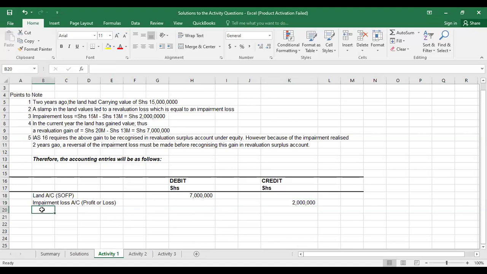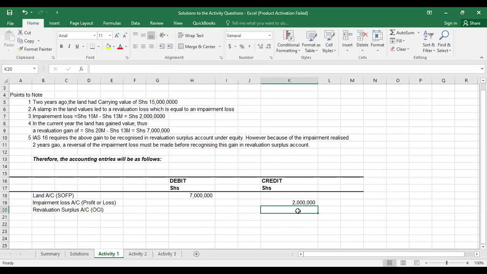Then revaluation surplus account in other comprehensive income, but also in your equity.